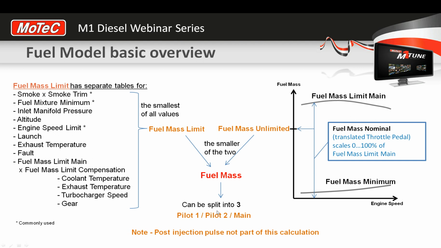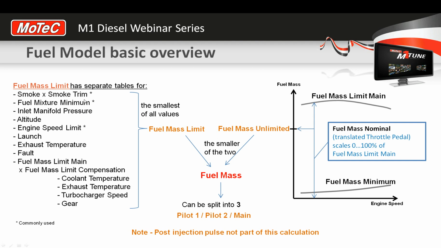Alright, so that fuel mass is derived from the fuel mass channel, and that fuel mass channel is derived from either the fuel mass unlimited or any one of the fuel mass limit tables, whichever is the lower of the 2. Okay.